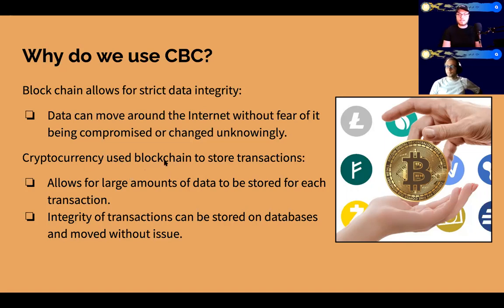Cryptocurrencies use blockchain because blockchain allows you to store large amounts of data. So every single transaction that occurs in cryptocurrency is being stored in a blockchain type message so that someone can send that off to someone else in case it needs to be sent off.